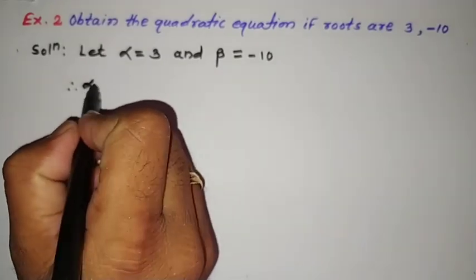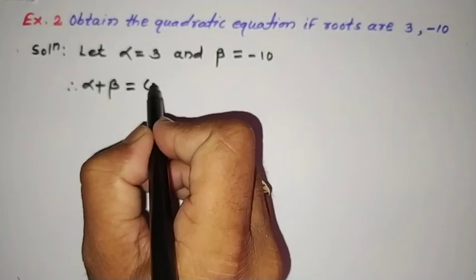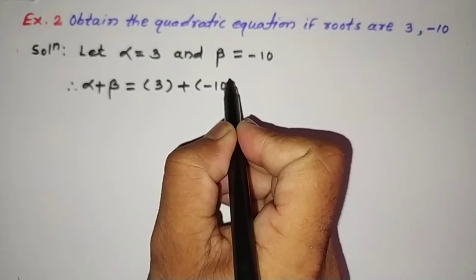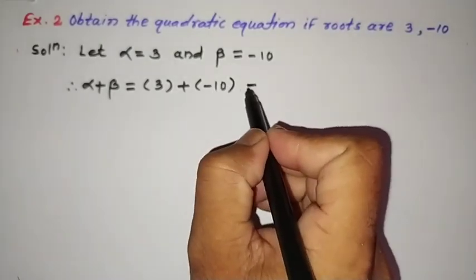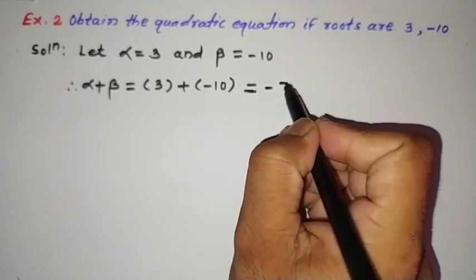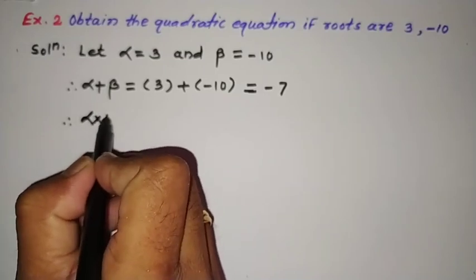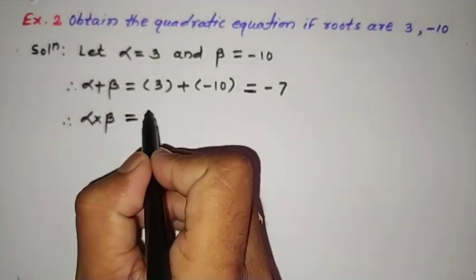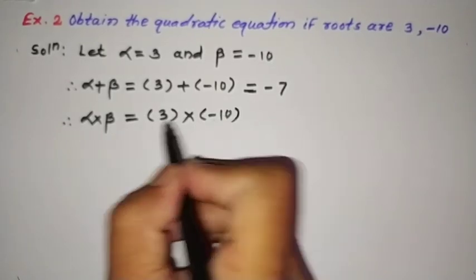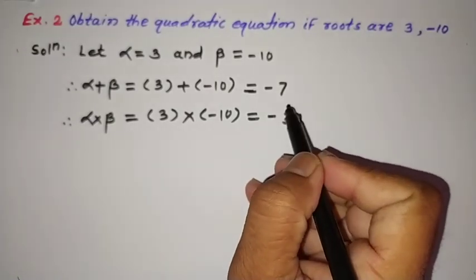The sum of two roots is alpha equal to 3 plus beta -10, which is equal to minus 7. The product of two roots, alpha into beta, is equal to 3 into -10, plus times minus is minus, so multiplication is -30.